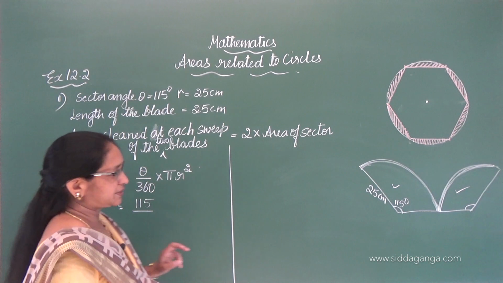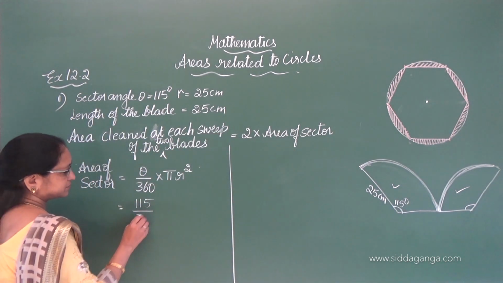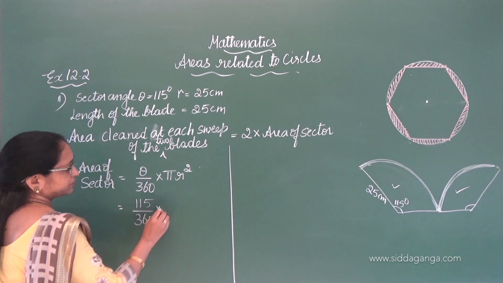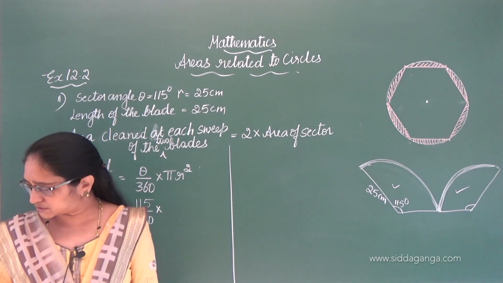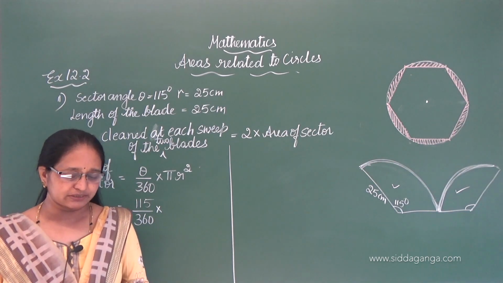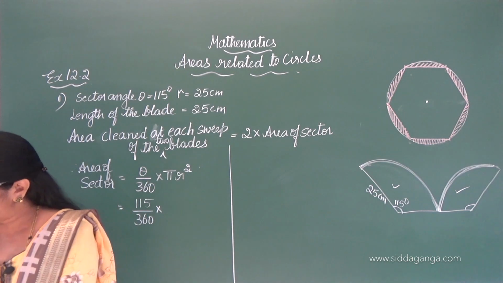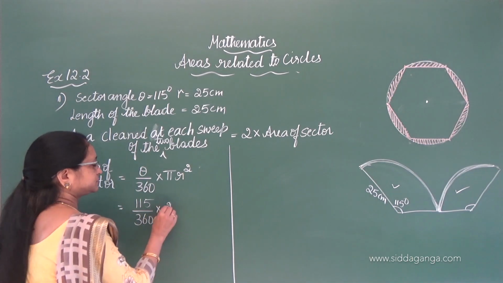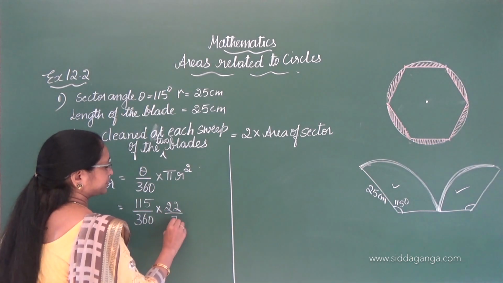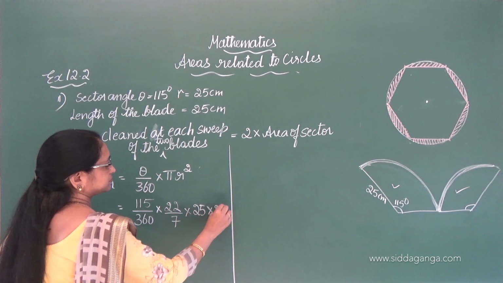Here theta is 115 and 360 into pi. Here just see whether they have mentioned 3.14. No, they have not mentioned 3.14. So you can use 22 by 7, 22 by 7 into 25 into 25.